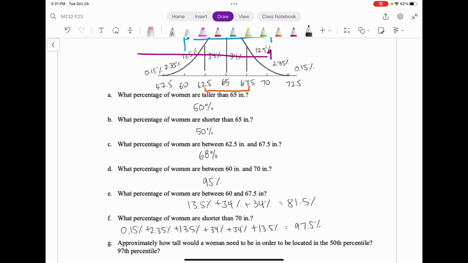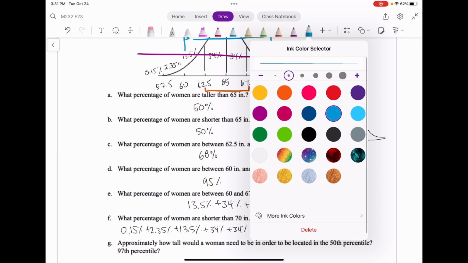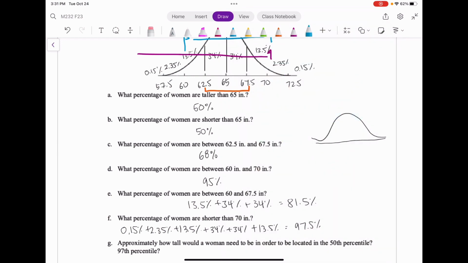Now this last question asks us about a percentile, so it's asking you where a percentile will be located, and something you need to know about a percentile is that it is from a value below. So if we have some measurement in our graph, I'm talking about this area here, this would be the value, and whatever the area is would be the percentile.